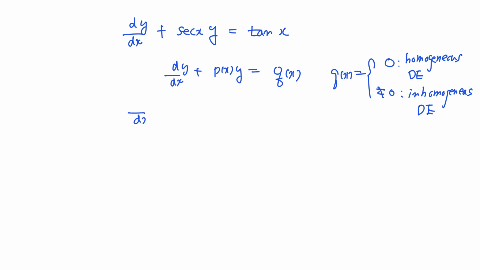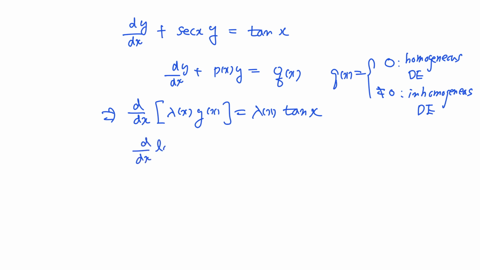So we have transformed this equation into d/dx of lambda(x) y equals lambda(x) tangent x, right? And d/dx ln lambda(x) equal to secant x.